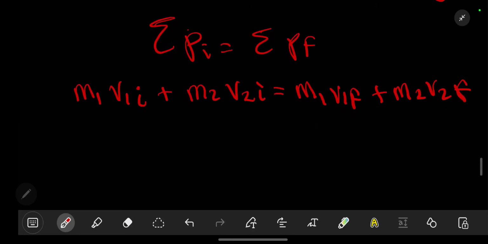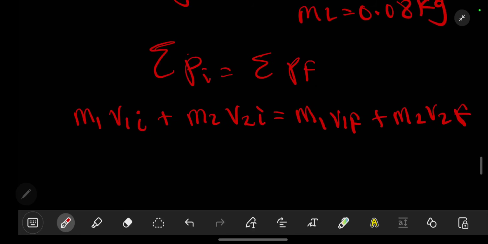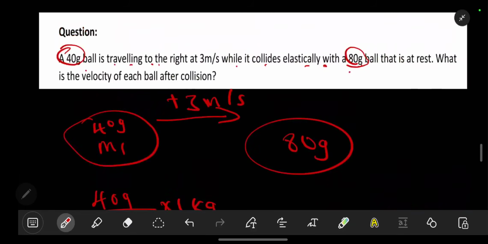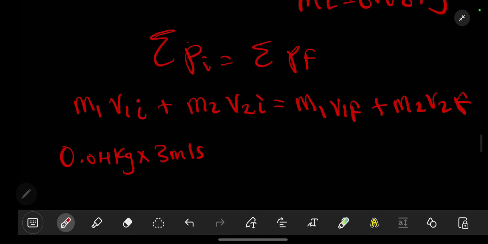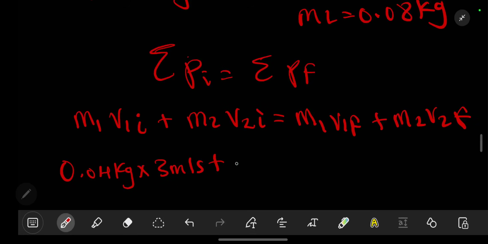So m1 is 0.04 kg times the initial velocity of 3 meters per second, plus m2 is 0.08. Remember, it was at rest, so its initial velocity is 0 meters per second.